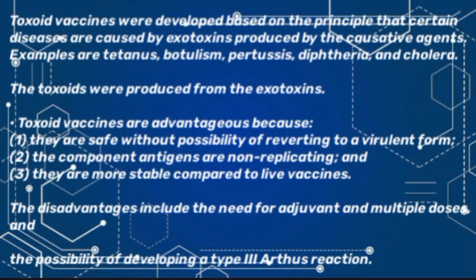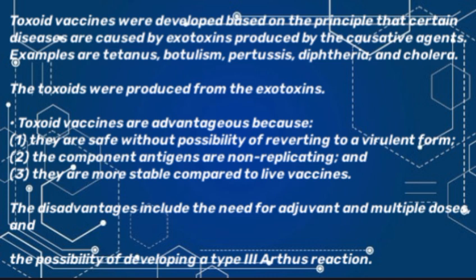Toxoid vaccines were developed based on the principle that certain diseases are caused by exotoxins produced by the causative agent. Examples are tetanus, botulism, pertussis, diphtheria, and cholera. The toxoids were produced from the exotoxins. Toxoid vaccines are advantageous because they are safe, without possibility of reverting to a virulent form.